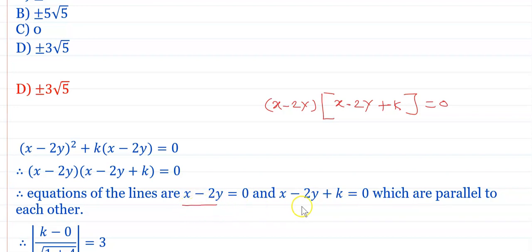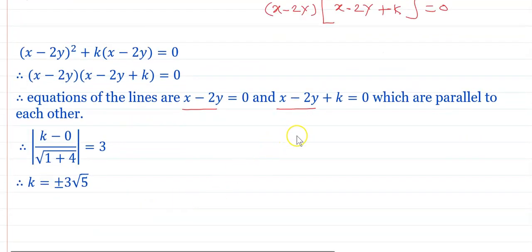Now see this here. These two lines are parallel lines. They have the same coefficients of x and y. The coefficient of x is 1, 1, and for y it is minus 2. Therefore these two lines are parallel. When two lines are parallel, the distance between them is the modulus of c1 minus c2 upon the root of the coefficient of x square plus the coefficient of y square.